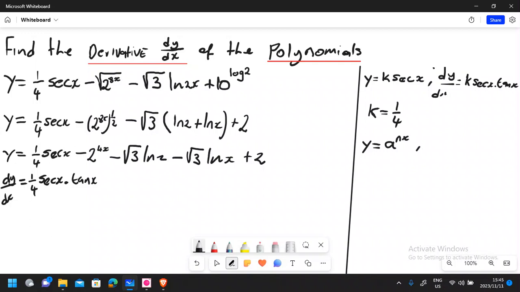And then when we find the dy over dx of this one here, it's going to be n multiplied by a to the power of n multiplied by x, and then we have natural log, then base a.